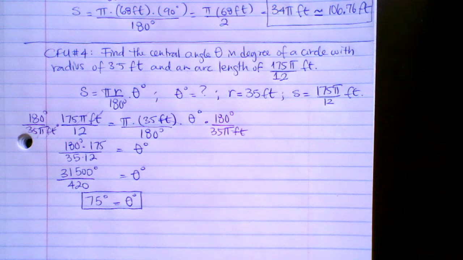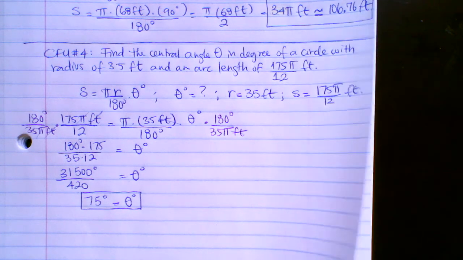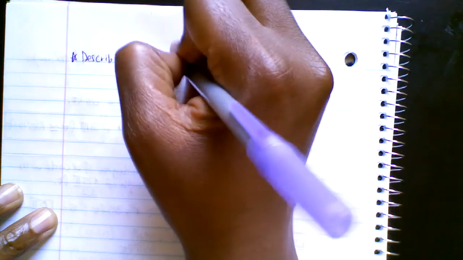So next, we are going to move to the second objective, which was to describe the radian measure. So that's what we're going to do next. Okay, so let me use a new page. Describing radian measure.